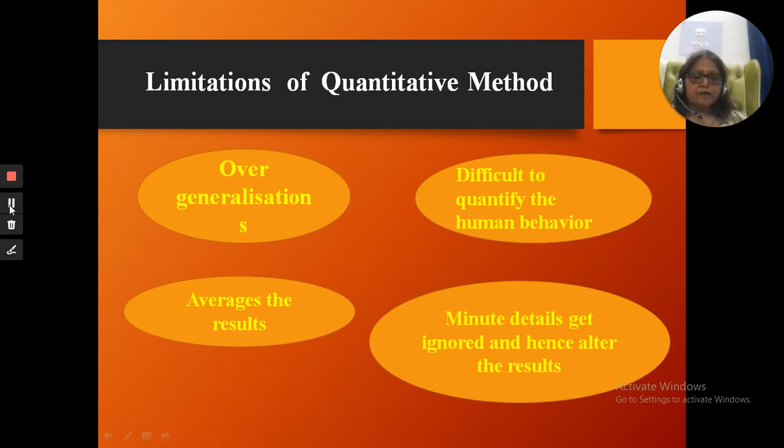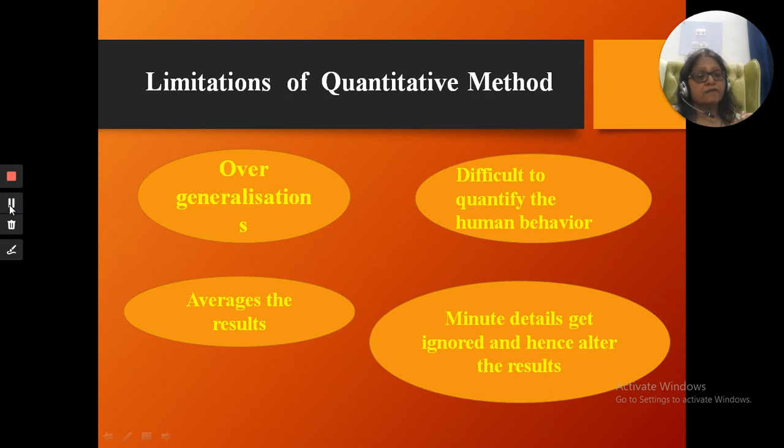Then we ignore the minute details. That is very important, because to every behavior we are giving a number. That is not a continuum. Human behavior is a continuum. So when we give a number, it means it is there or it is not there.